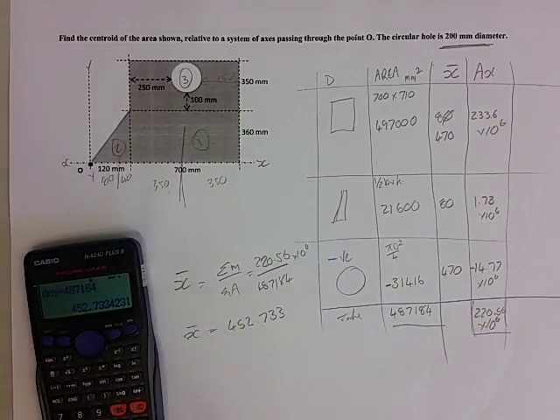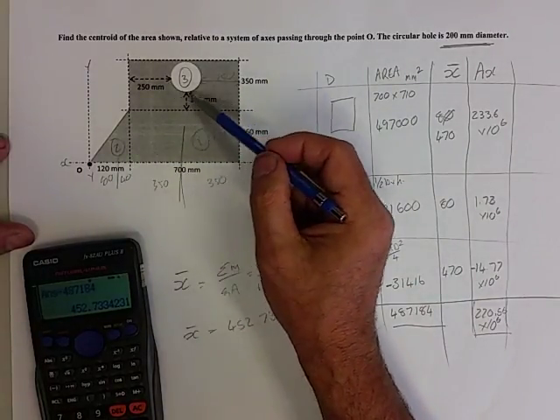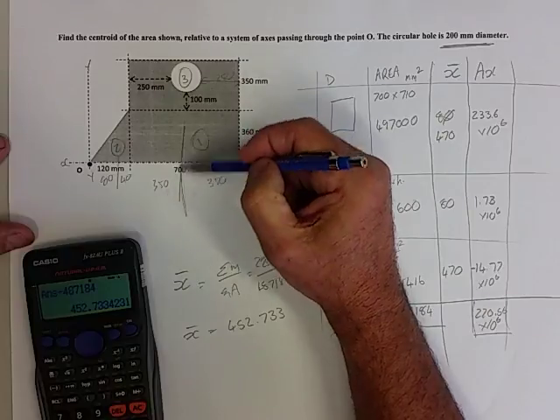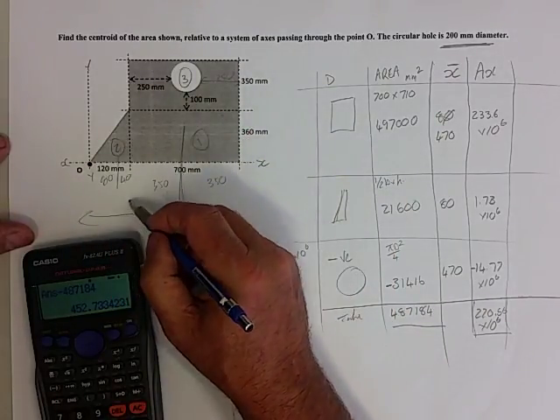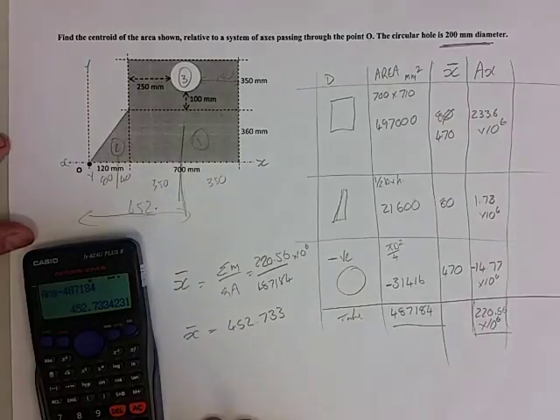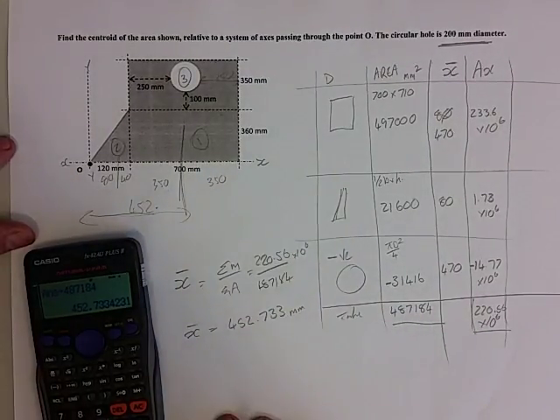Now we have to look at that and ask ourselves, do we think that's right? We've got a small area here, and we're taking the hole there, so I'm going to suggest that yes, around about the center is our 452. That looks relatively right, and that's millimeters.